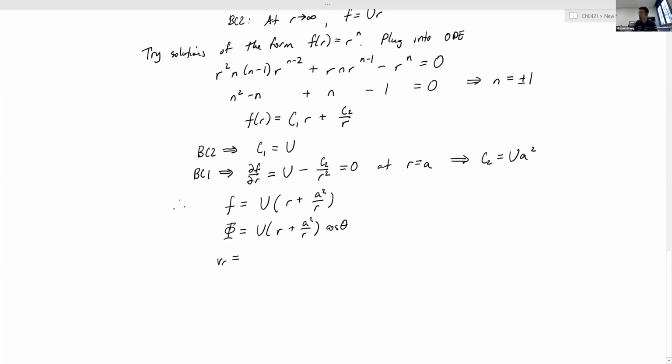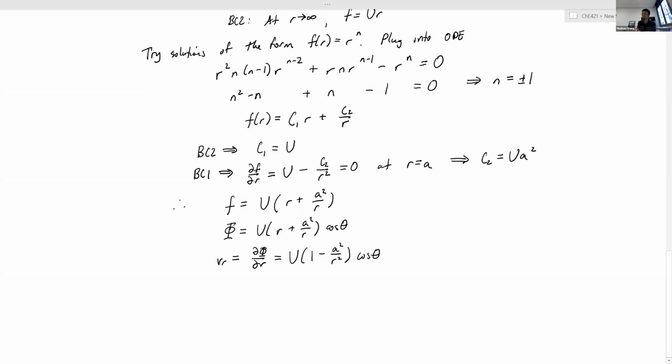And so VR here is equal to d phi dr. And so that's u times 1 minus a squared over r squared.